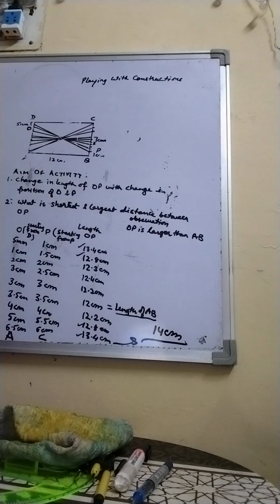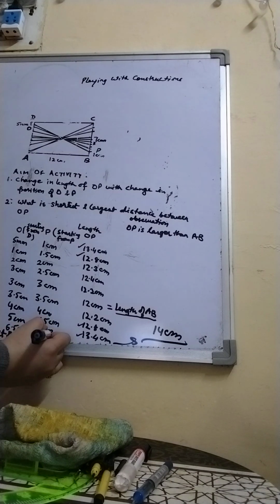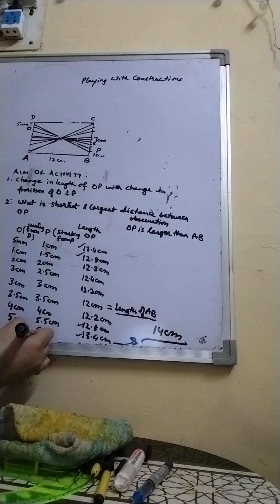So 14 centimeter is the largest distance between the 2 points O and P when O is at A and P is at C. Okay, so this is important.